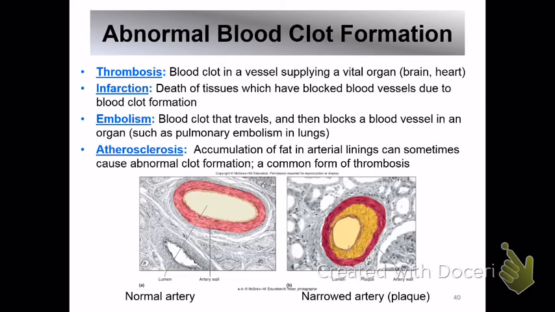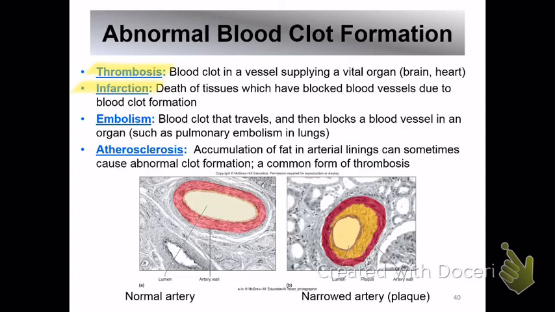Okay, just some vocabulary. Thrombosis is a blood clot in a vessel supplying a vital organ. So that's bad, right? When you have a blood clot in a vessel that's supplying blood to like the brain or the heart. Okay, infarction, you want to know that word. That's when the tissue actually dies.